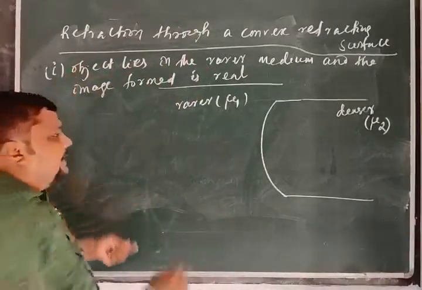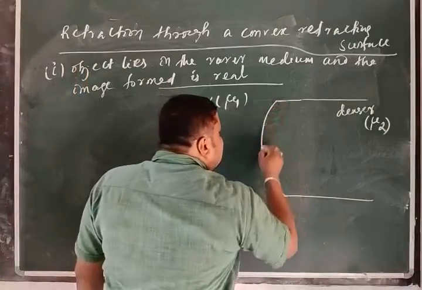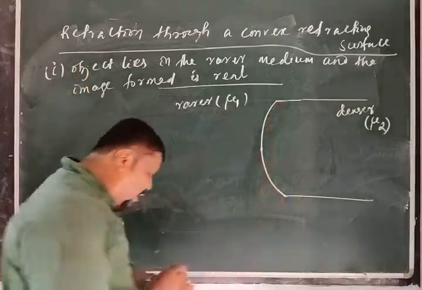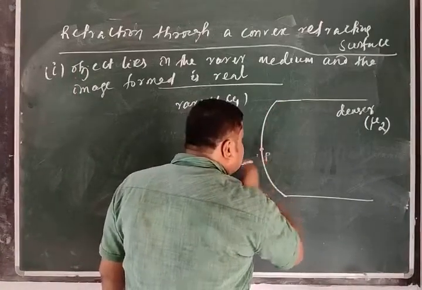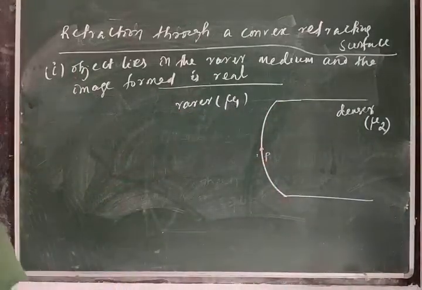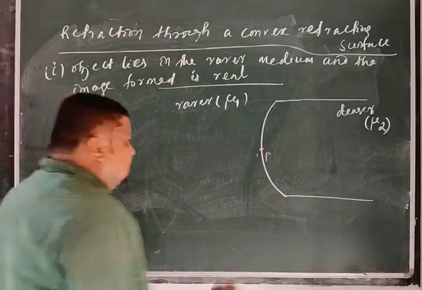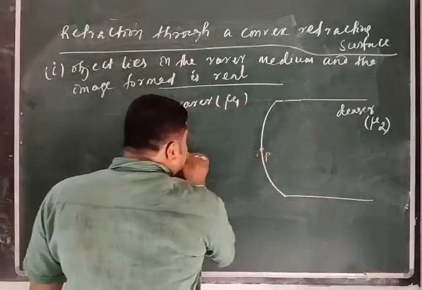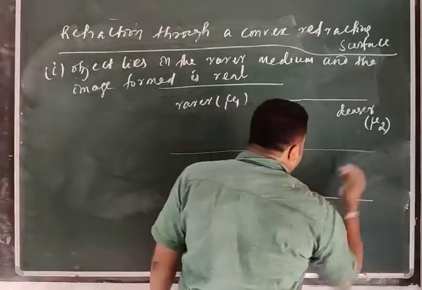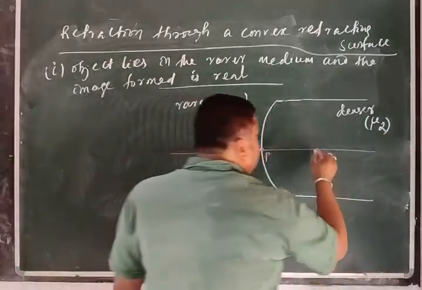Now here, this is the pole, so I will mark the pole as P. This is the principal axis.